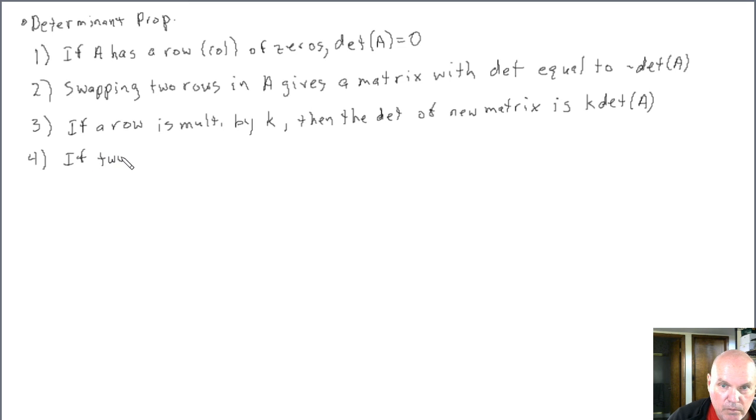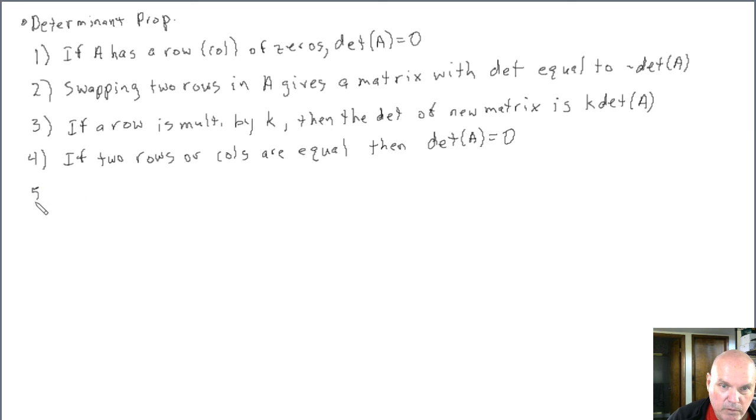If two rows or columns are equal, then the determinant of the matrix is 0.